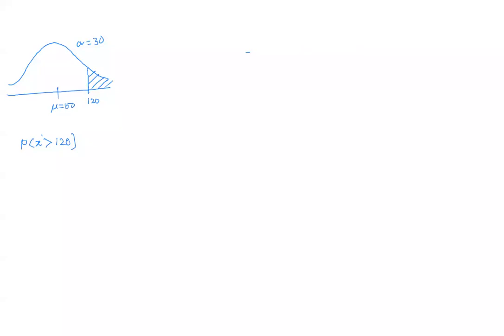So now what we are going to do, we are going to convert this into standard normal distribution that has a mean of 0 and standard deviation of 1. So it's going to be corresponding to some z value here. So this x value maps to the z value there. And we know how to find it.